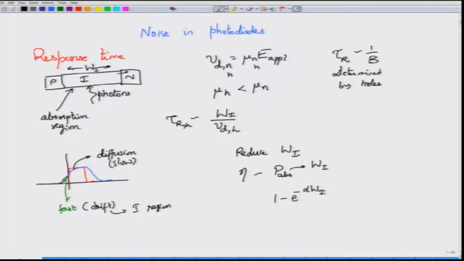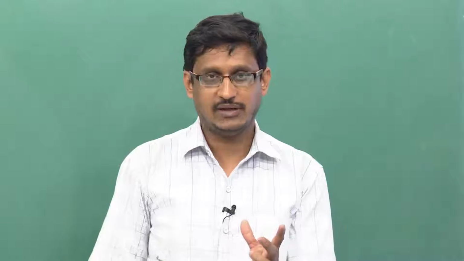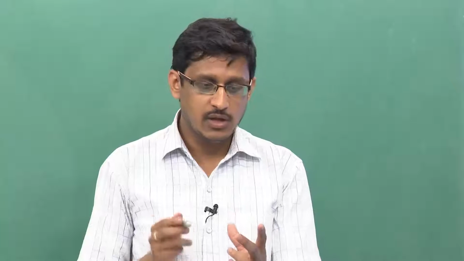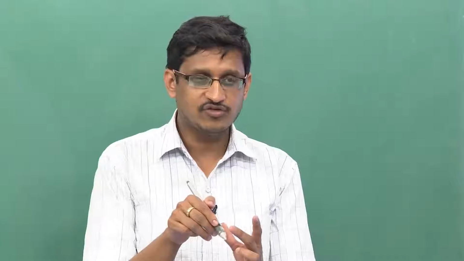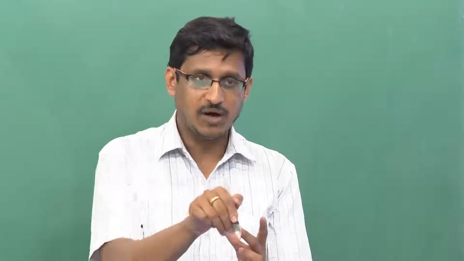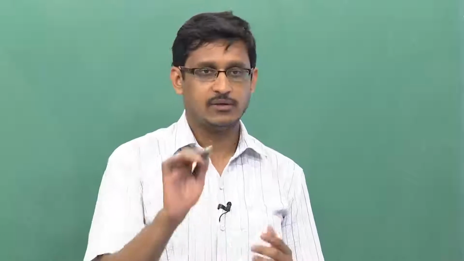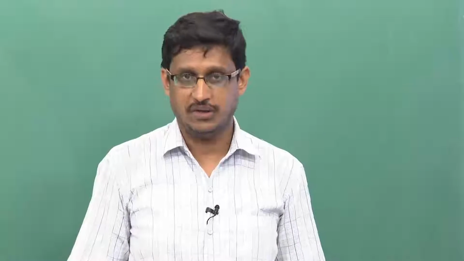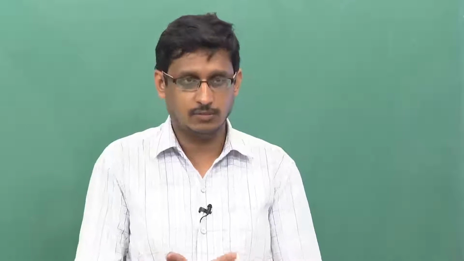So, if you reduce Wi, you do not have good thickness or length of the intrinsic region so as to absorb the photons. Some photons might simply not be absorbed and pass on to the other region and go away. So, you are basically reducing the quantum efficiency.